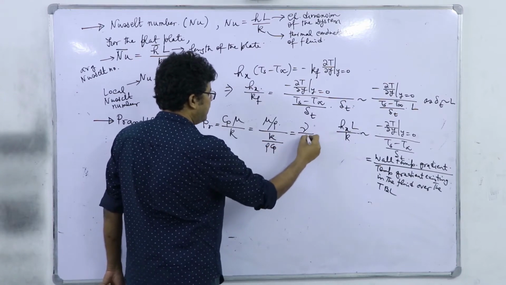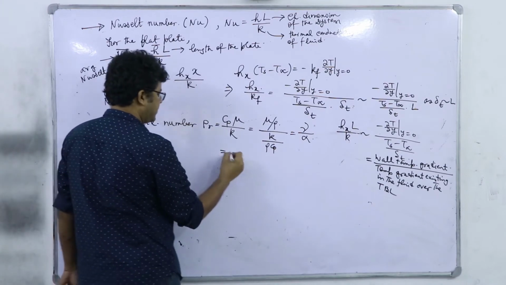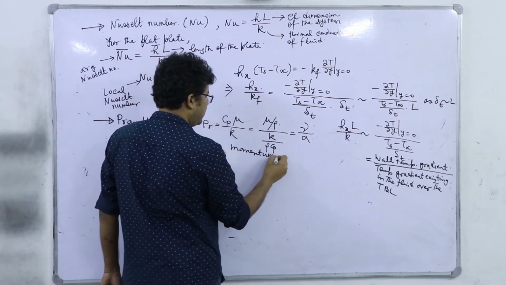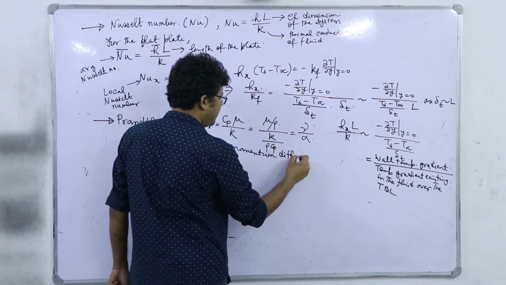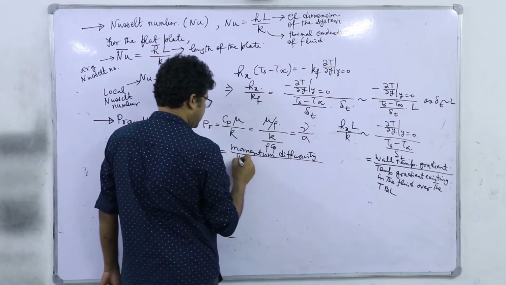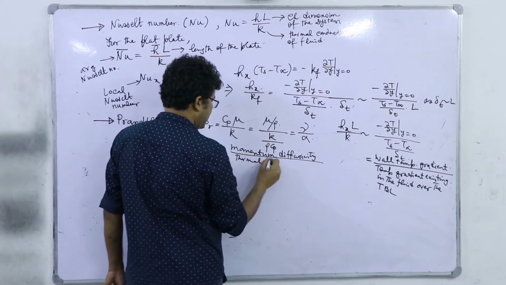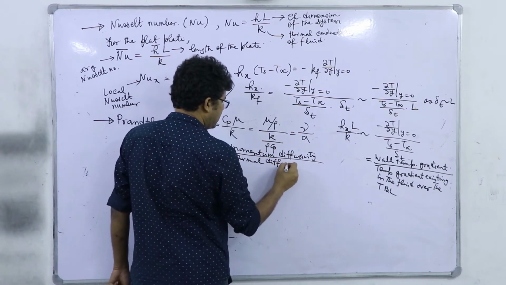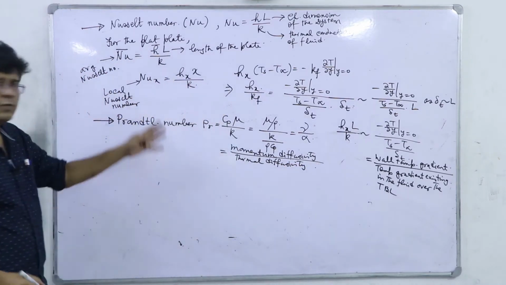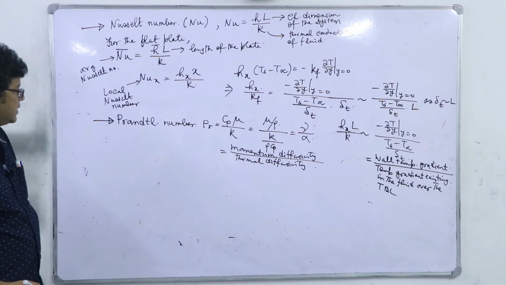So, it is nu divided by alpha, right. A ratio of momentum diffusivity divided by thermal diffusivity, right.